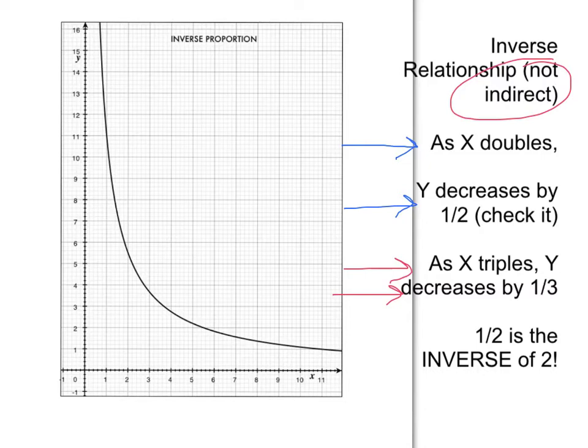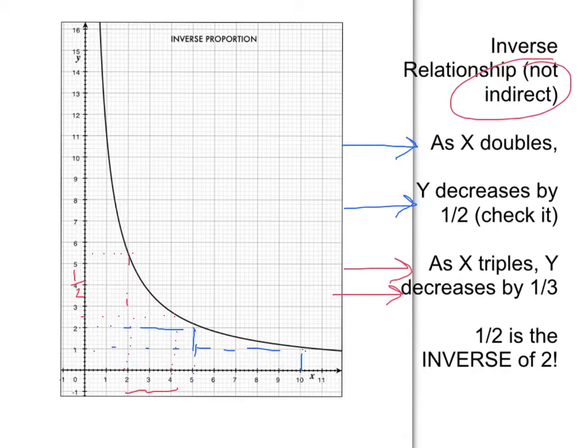And you can go ahead and check that out for yourself. So if we look at 2 here and we go up to where 2 hits this axis and comes across, and 4, bring that up and have it come across, you can see that as this doubles, this goes down by half. Let's try another one. Let's go from, I don't know, maybe 5 to 10. As I go from 5, that's at about 2, and I go to 10, well, look, that's at about 1.